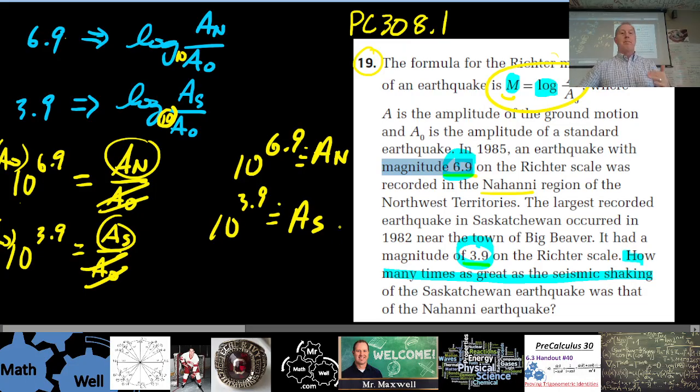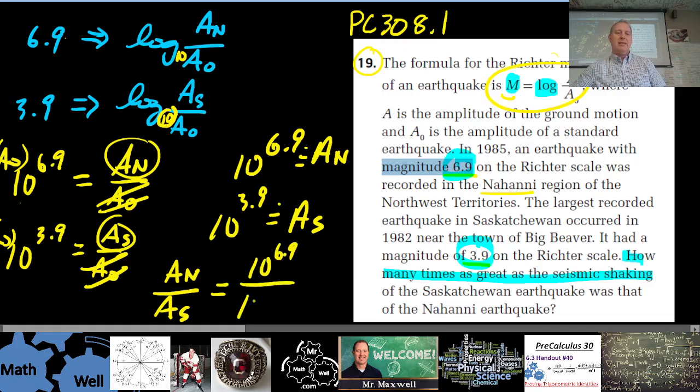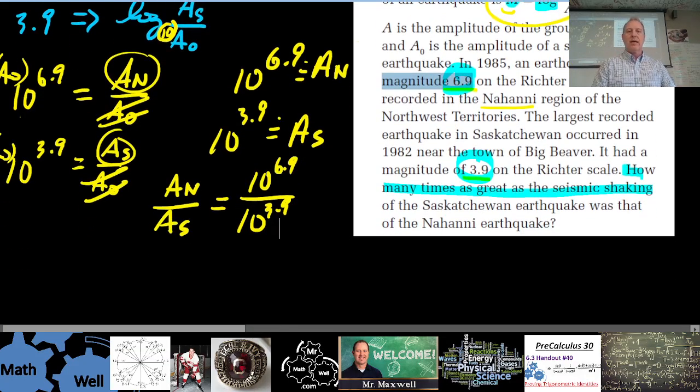Because all we're doing is comparing, I want to know what A_N divided by A_S is. And that's really going to be 10 to the power of 6.9 divided by 10 to the power of 3.9. You're just relating the size of the magnitude of these earthquakes. And so really, this is now your answer.